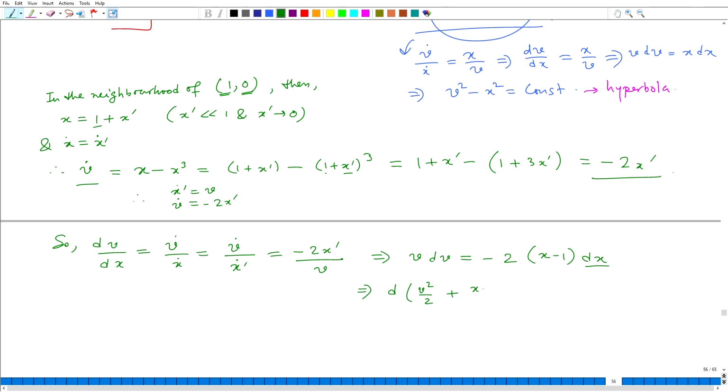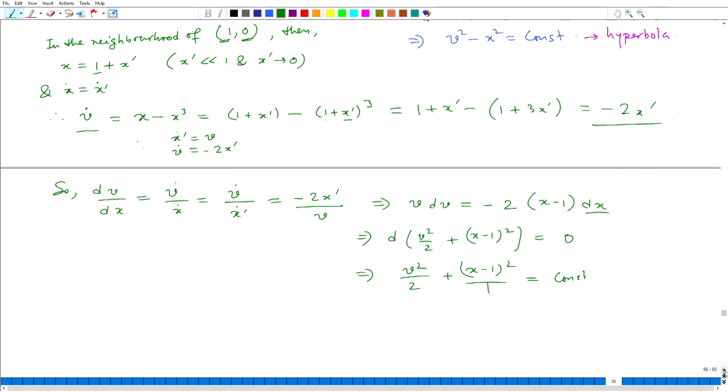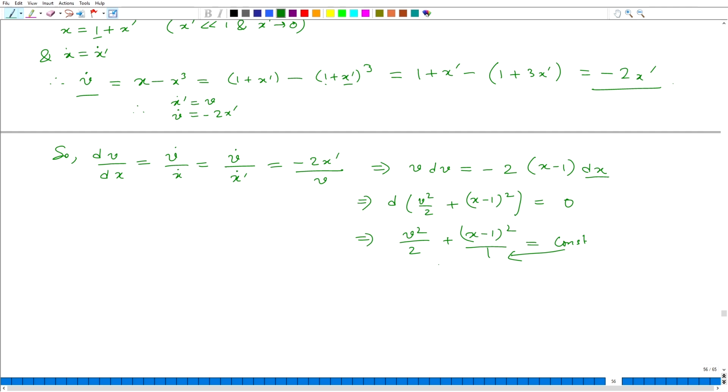So, you can write plus x minus 1 square by 2, so I have v square by 2 plus x minus 1 square is equal to some constant, and then the constant you just bring over here, and it will finally give you an ellipse.